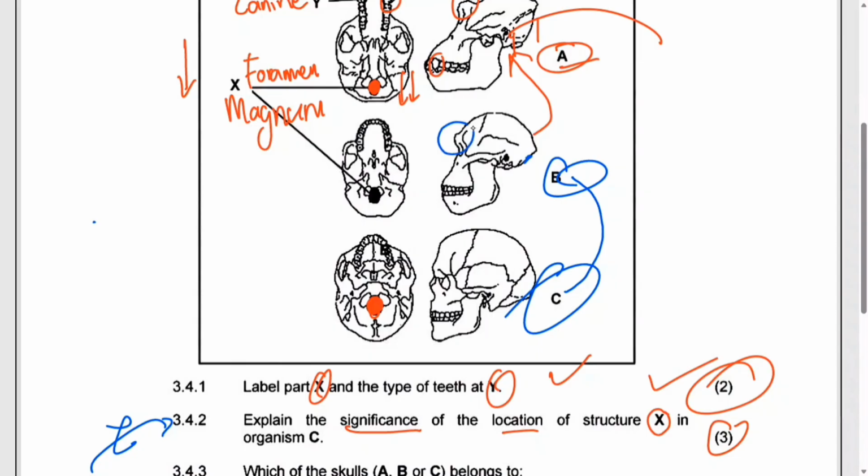So we are going to talk about the brow ridges. We can see them, and also we can see the jaws.